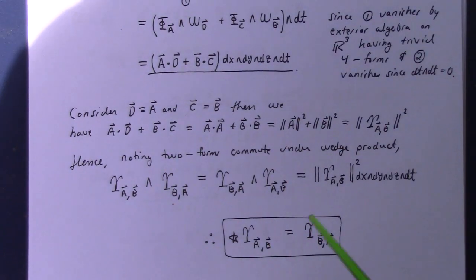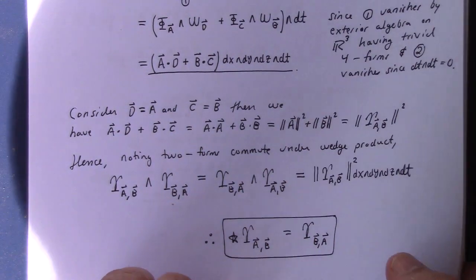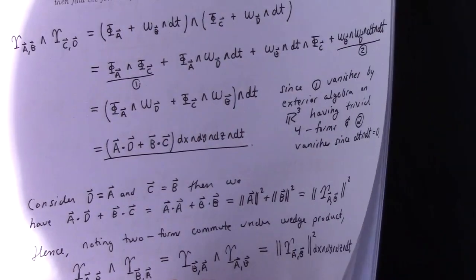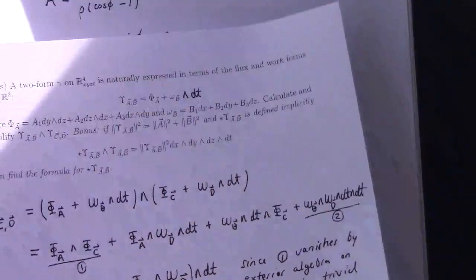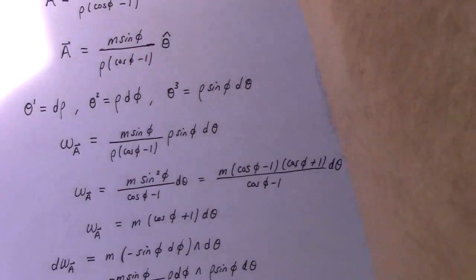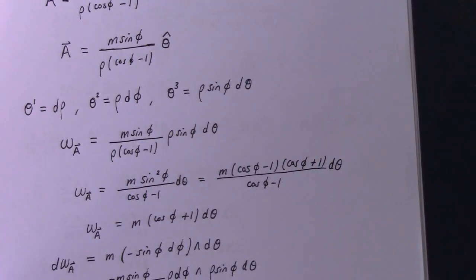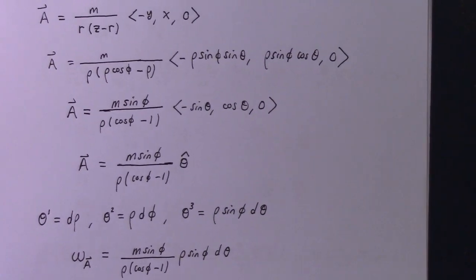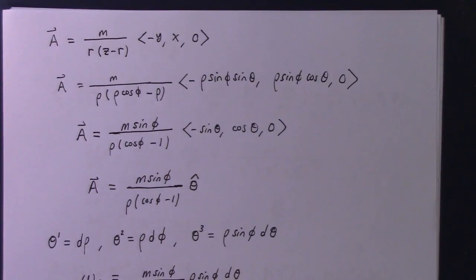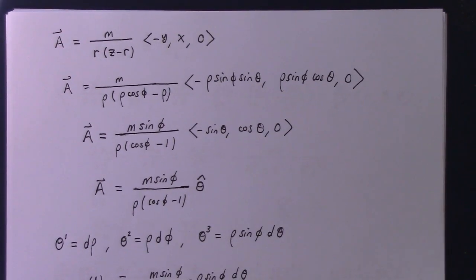So it flippity flops the A and the B, forming the 2-form, which is kind of cool. That's a little bit different than the Minkowski space version of that, where there's also like a sign difference. All right, so let's talk about that pesky magnetic potential problem here.